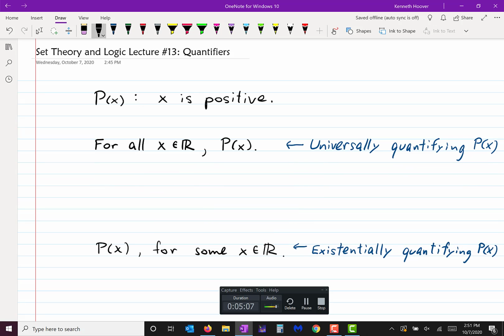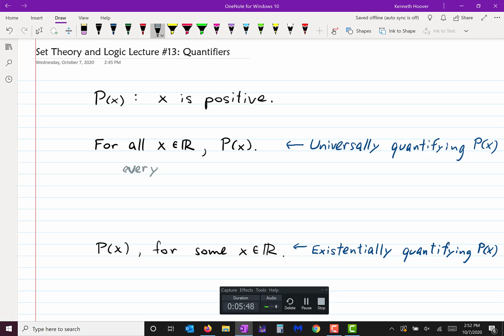It doesn't mean it can't be written in a different order, but I would very strongly caution you against trying to get creative with the order of things. So many people rearrange the order of words thinking that they're saying the same thing, when the reality is, by changing the order, they have completely changed the meaning of their sentence. Okay? Instead of for all, you can certainly say for every X in the real numbers, X is positive.